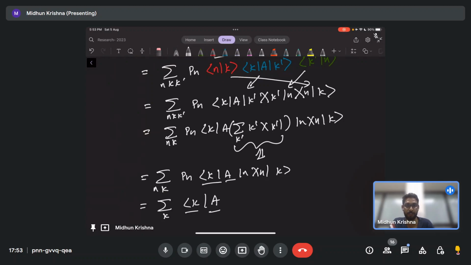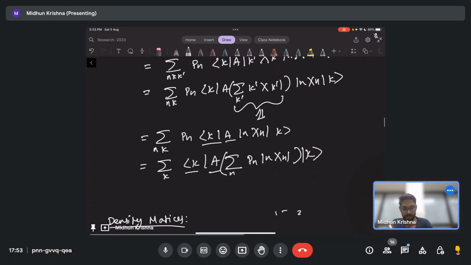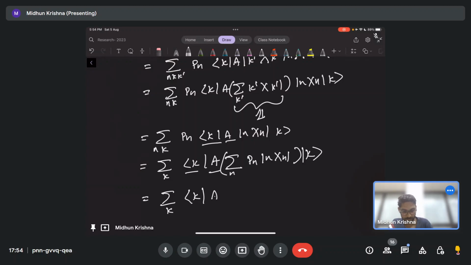Pn is a probability, so it's a number. So the summation over n of Pn, n outer product n, acting on k. Now from this I can write the sum over k of k A rho k. So I've defined this quantity to be rho.